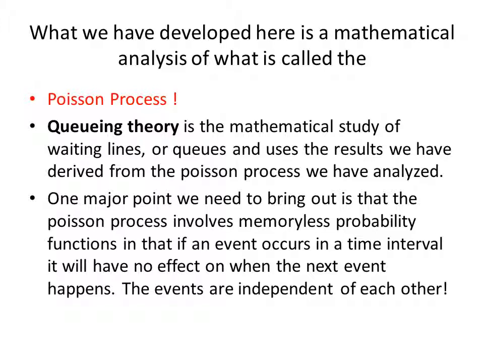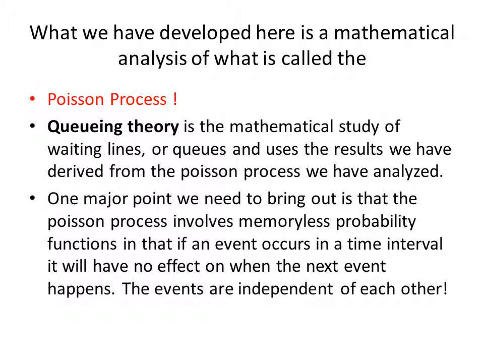In other words, probabilities of events happening within a time period are independent. If a success happens, it happens independently of what might have occurred before. Or if a success does not happen, that's independent of what happened before.